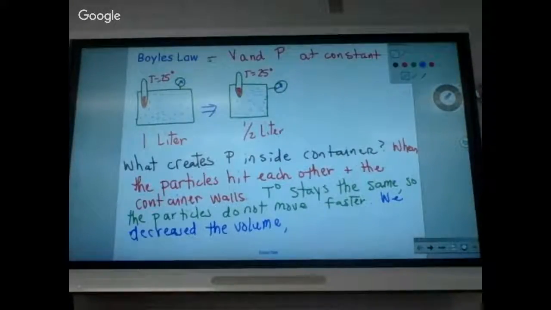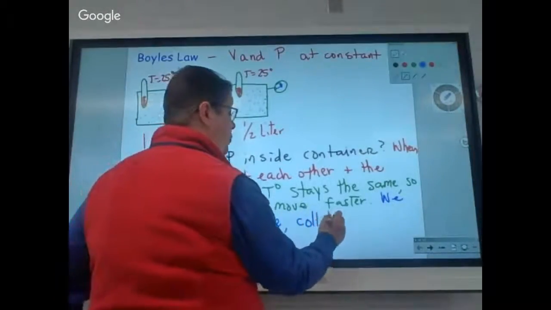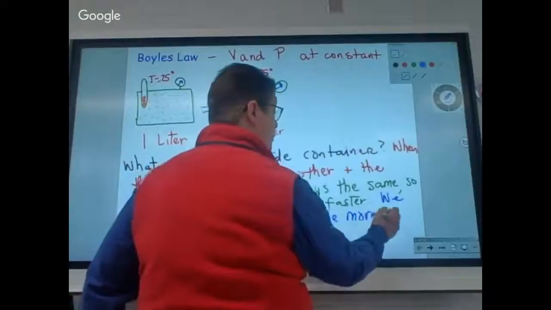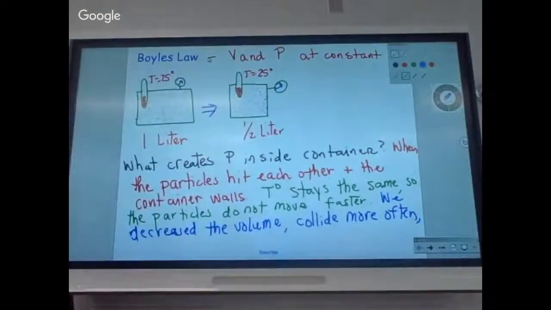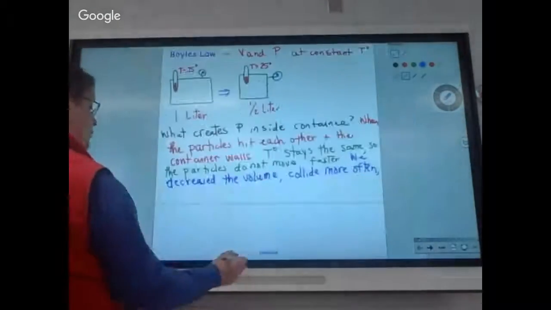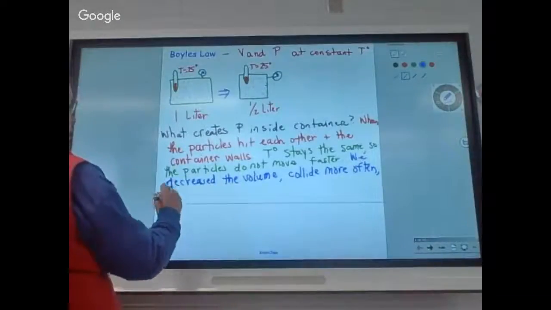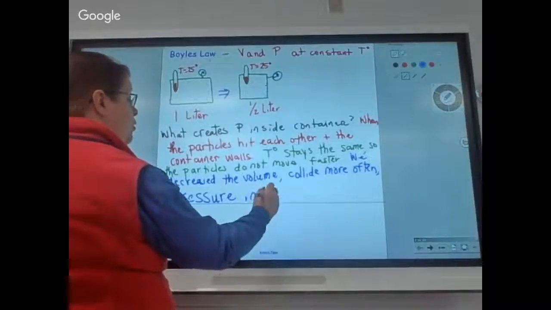There's less space for y'all to move around. So, what's going to happen to them? Are they going to hit more often or less often? More. So, what's going to happen to pressure? They will collide more often. So if they collide more often, what happens to pressure? It increases. That's why I wanted you to tell me about pressure. Anytime they collide more often, pressure increases.